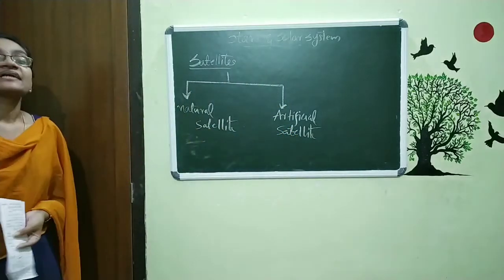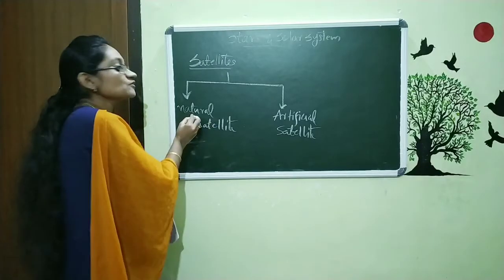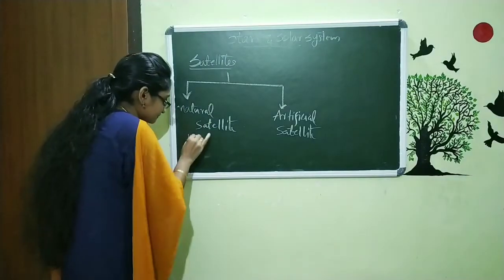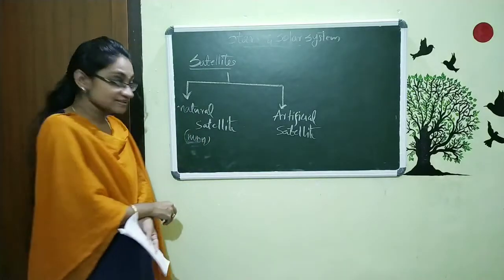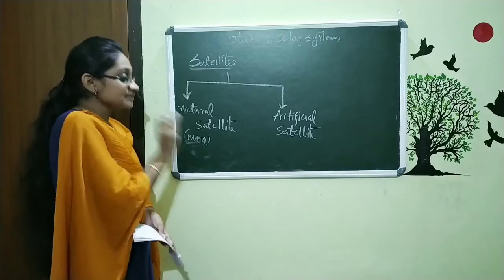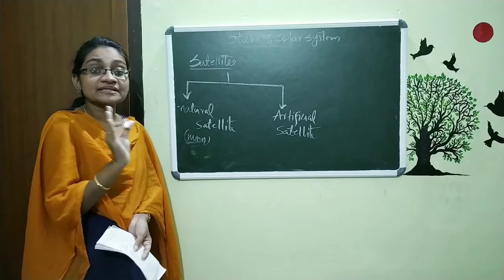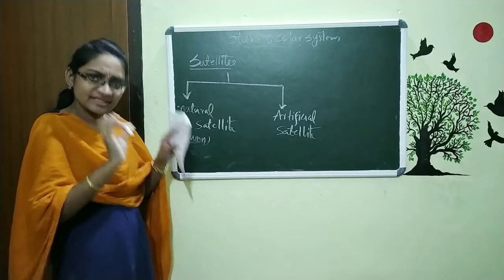The Moon is the example of a natural satellite. Or the Earth is the natural satellite for our Sun. The things that are not made by human beings are natural satellites. Originally they are there.